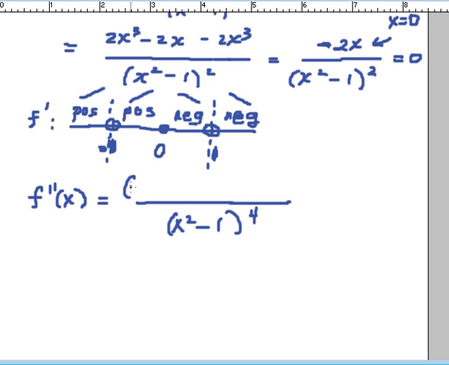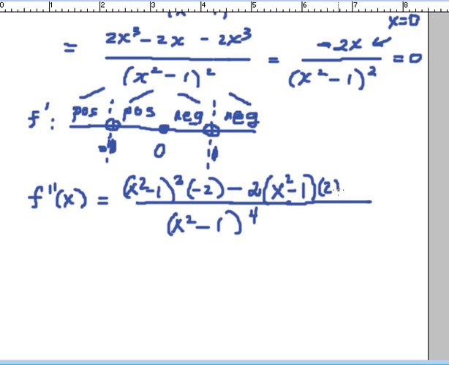And then we put that denominator of x squared minus 1 squared here, times the derivative of the numerator, that's a minus 2, minus the derivative of this denominator. We need a chain rule here, so we have 2 times x squared minus 1 to the 1 times 2x, times the numerator of minus 2x. Okay, so that's a chain rule.